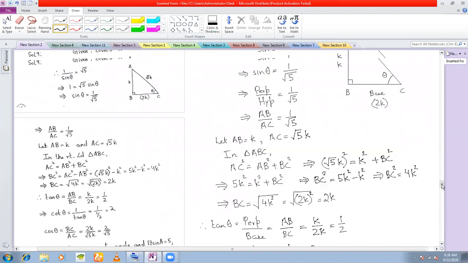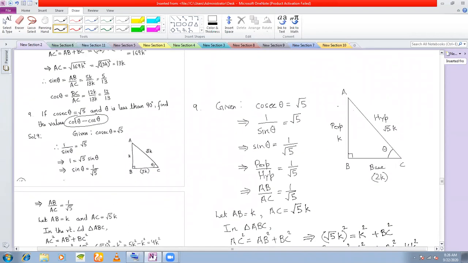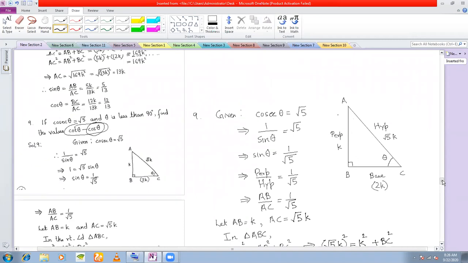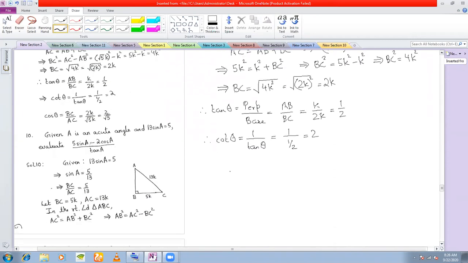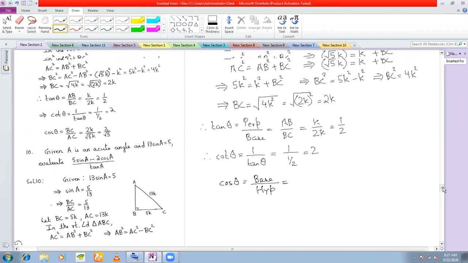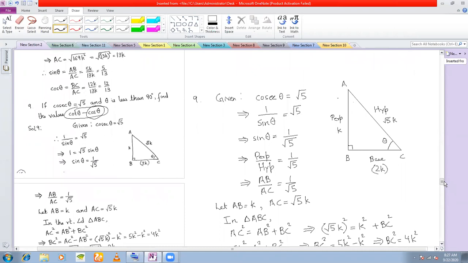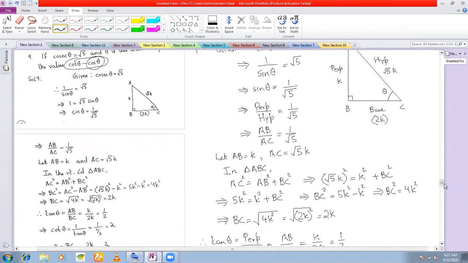So we have found cot theta, and we have to find cot minus cos here. So we will now find cos theta. Cos theta is equal to base by hypotenuse. According to our figure, the base is BC, hypotenuse is AC.